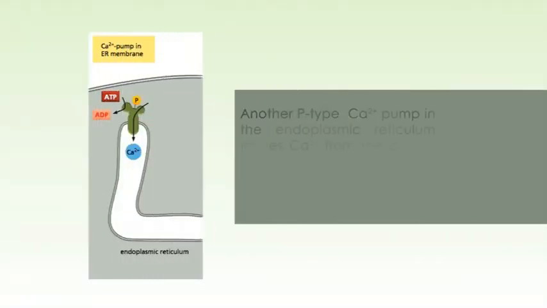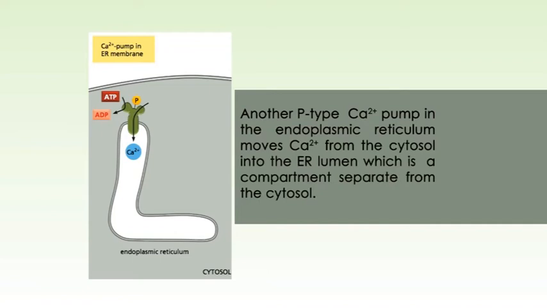cytosolic calcium ions. Another P-type calcium pump in the endoplasmic reticulum moves calcium ions from the cytosol into the endoplasmic reticulum lumen, which is a compartment separate from the cytosol.